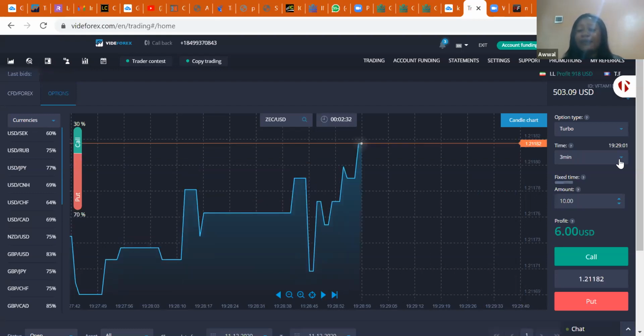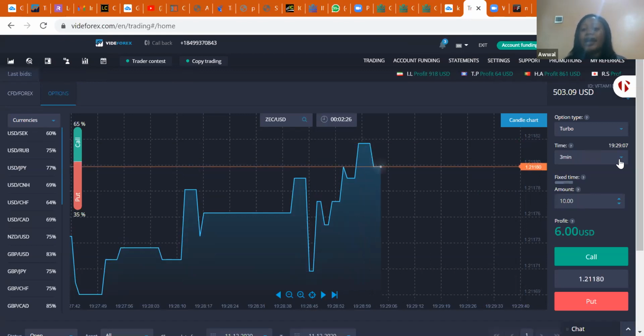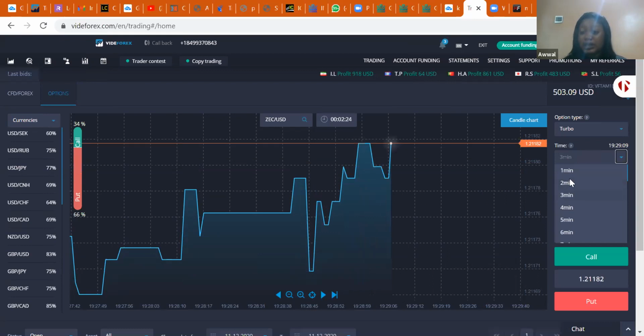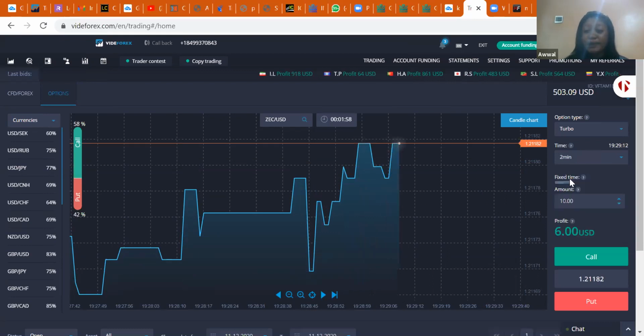That means at the end of that time, your trade will close automatically. So if I click on 2 minutes and I buy Euro USD, that means that trade is only going to last for 2 minutes. In 2 minutes, I am going to get my results.